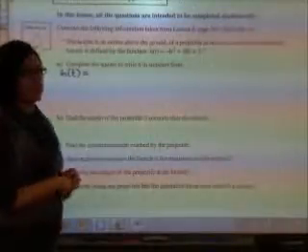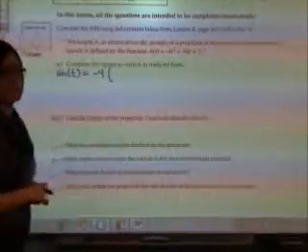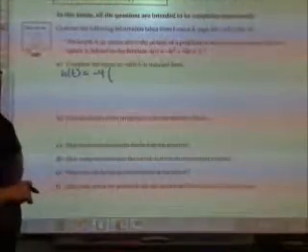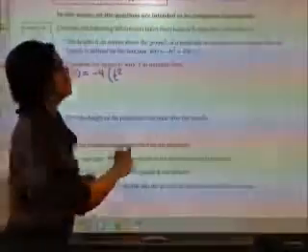Positive or negative? Negative. So if I take out a negative 4, what am I left with? t squared minus 12t.